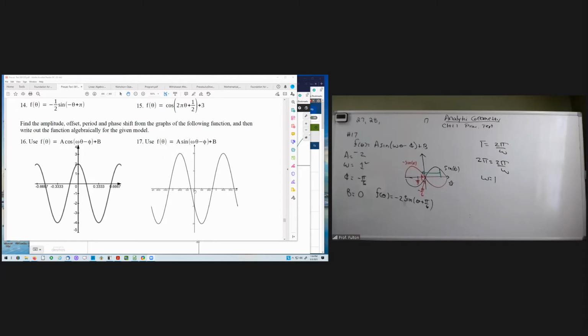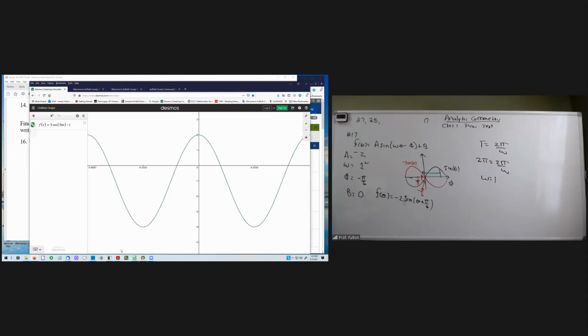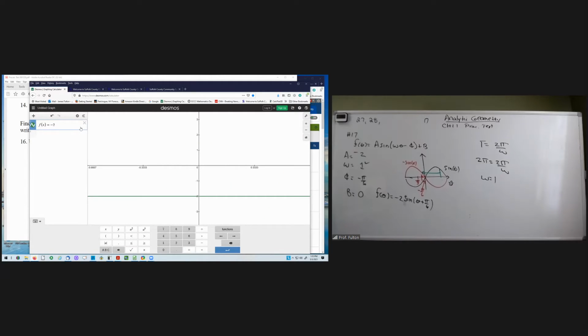So I could also have, without the negative, the same thing as a positive 5 pi over 6. It would give me the same thing, but instead of having a negative 2 out front, I'd have a positive 2. It's not unique. That's something that's indicative of all of these trig functions, because we have all those different identities that can play a role. But I chose to use the negative of that.